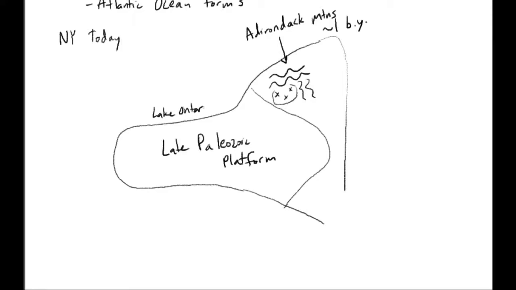Lake Ontario would be here. And then we have a sequence of thrust faults and deformation, including something called a thrust sheet.